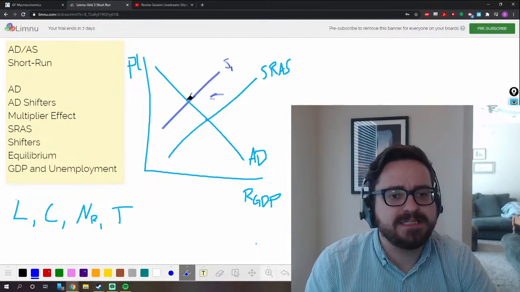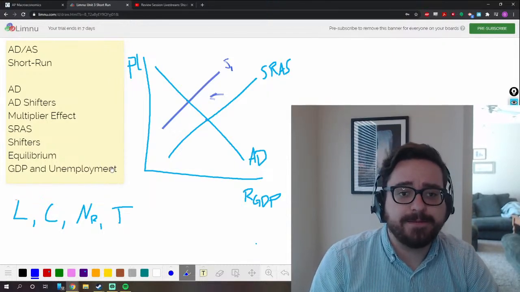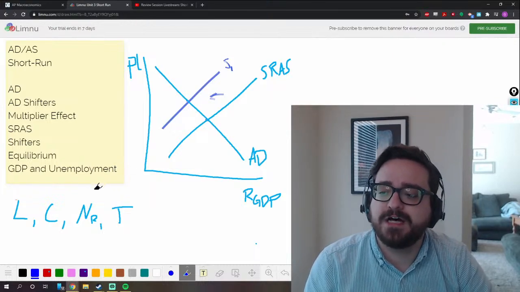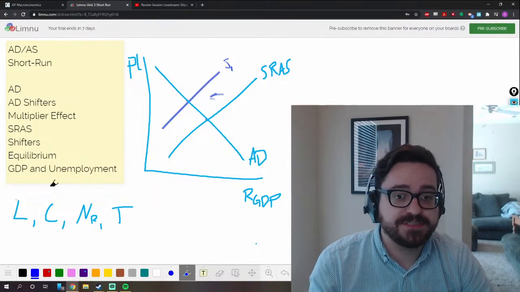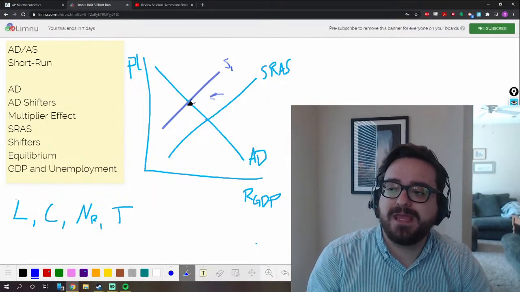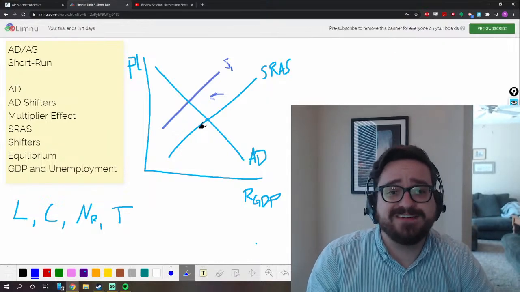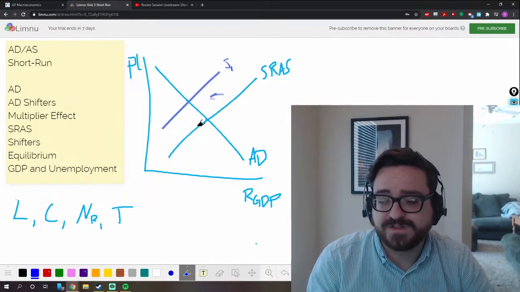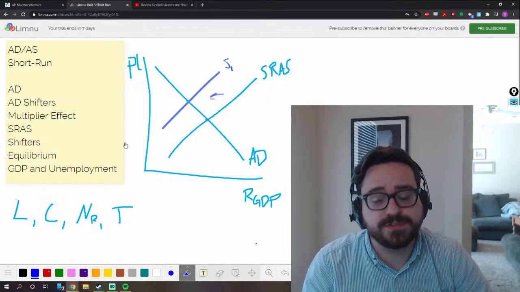GDP dropping typically means a recession is happening, and it also means that unemployment's going up, because GDP and unemployment have an inverse relationship: when one goes up, the other goes down. Since businesses are making less money in this situation because GDP is falling, they'll end up having to lay off some workers to cover their costs. It's not good. So GDP falling would mean unemployment is rising.